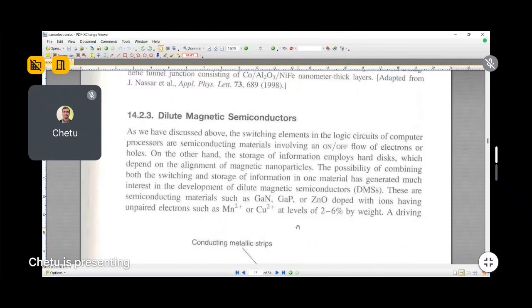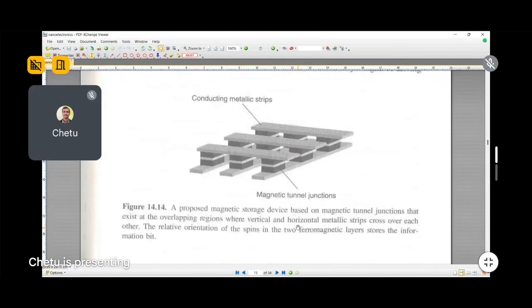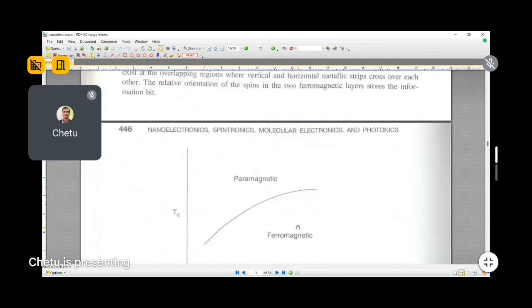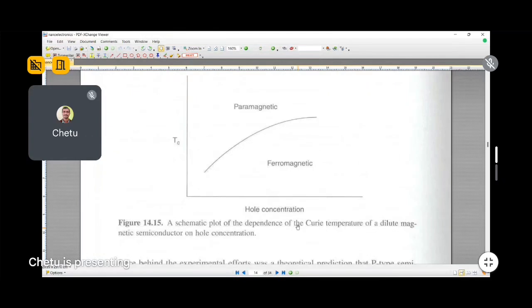Semiconducting materials like gallium nitride, gallium phosphide, or zinc oxide with doping of Mn or Cu can create a magnetic field, and that is decided by the hole concentration and the temperature. An example is shown: a schematic plot of the dependence of the Curie temperature of a dilute magnetic semiconductor on hole concentration.